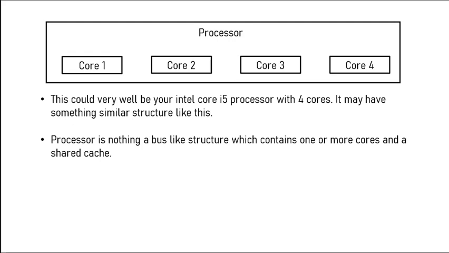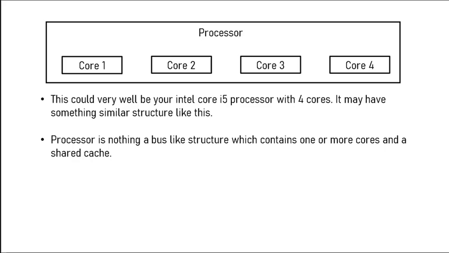So in terms of processors, this could very well be your Intel Core i9 processor with maybe 16 cores or 4 cores. It could be any processor for that matter. There used to be single core machines, but that era is long gone.